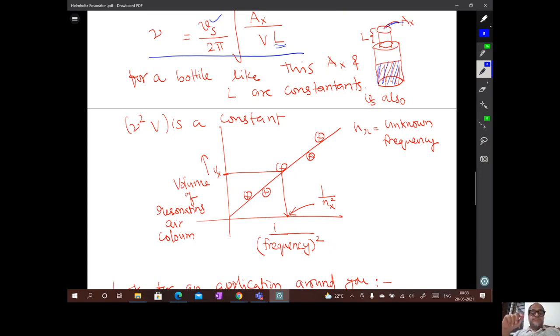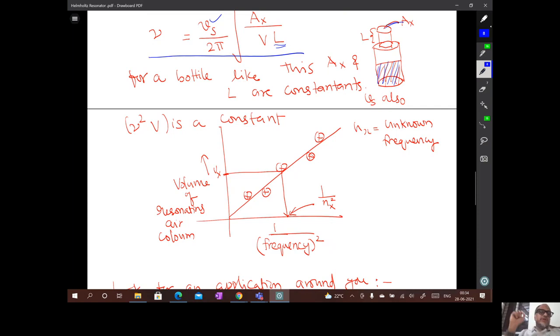That is for four tuning forks. Now the fifth one, the unknown one, you can find out the volume of the air column with which it is resonating, where you experience the loud sound.